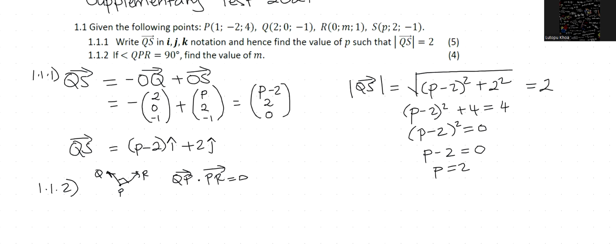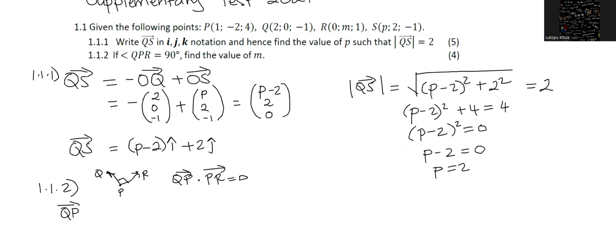The order you put them in doesn't really matter. Whether this vector is going that way or that way, the dot product is still 0 because they remain perpendicular.